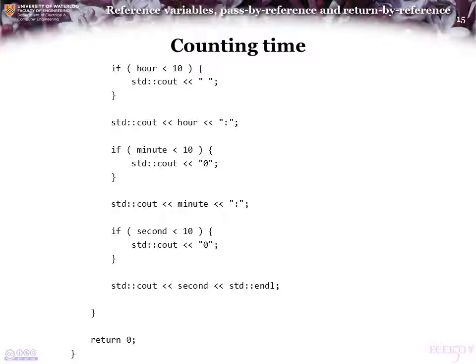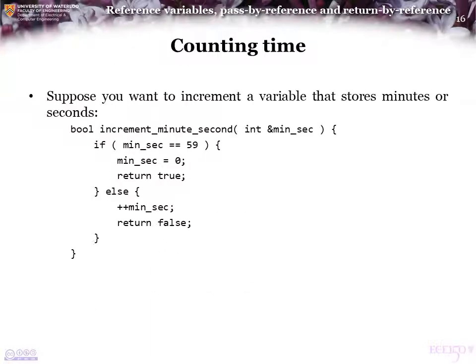That's a little bit awkward, and there's a lot of code in there, and there's lots of code doing different things. You may have noticed also that the code that we used for minutes was the same code we used for seconds. Maybe we can exploit this. Suppose we want to write a function that increments a variable that stores minutes or seconds.